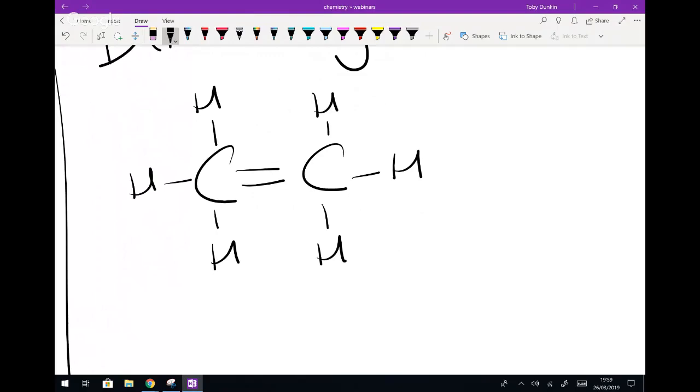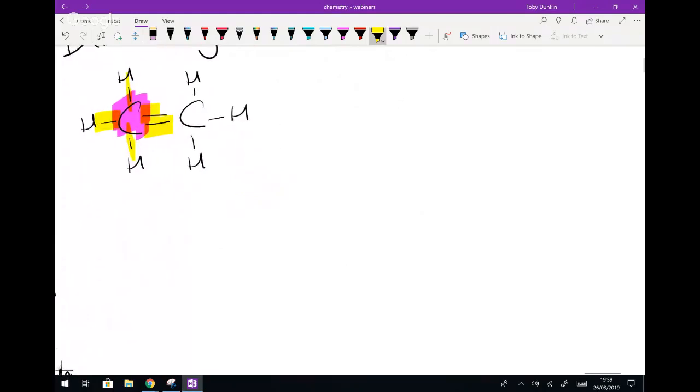Please don't. This carbon now has 1, 2, 3, 4, 5 bonds. That's too many. The same with this one: 1, 2, 3, 4, 5. Too many. Please count them properly.